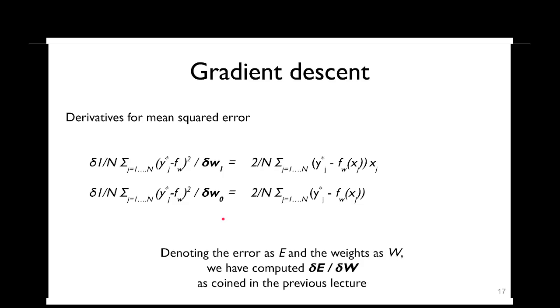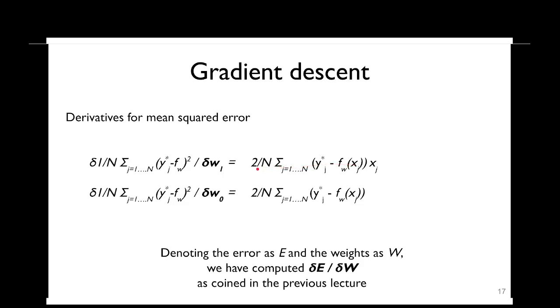Okay, but what we wanted was the mean squared error, and that means we want to sum up all of the individual errors and build the average over that. That means we have 1 by n, and then the sum over all of these errors, by delta w1, and then we see, well, that was easy. The derivative of the sum is the sum of the derivatives, and we can apply that here.